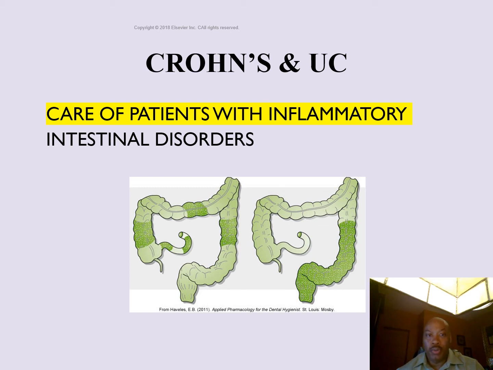What I want you to do is read pages 1150 through 62 about this chronic inflammatory bowel disease called ulcerative colitis and of course Crohn's disease, paying attention to the pathophysiology. I want you to look at table 57-4 about complications of ulcerative colitis as well as Crohn's disease.